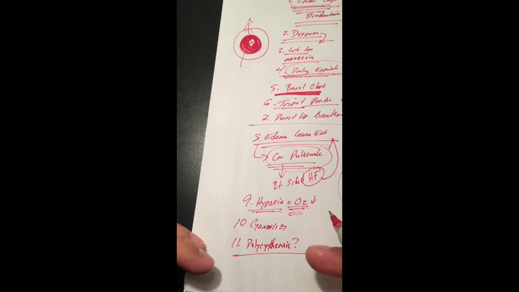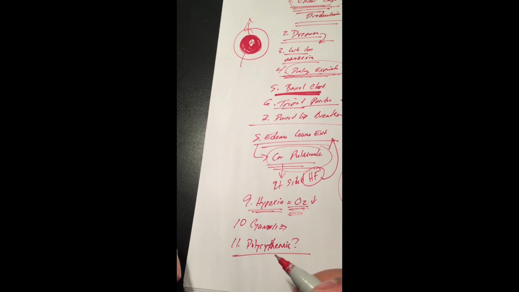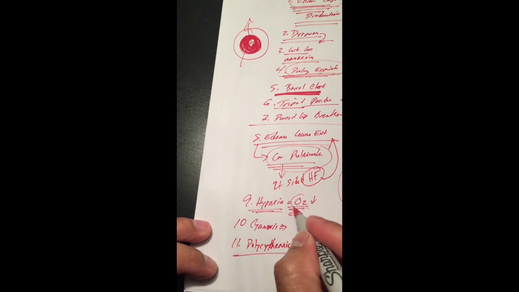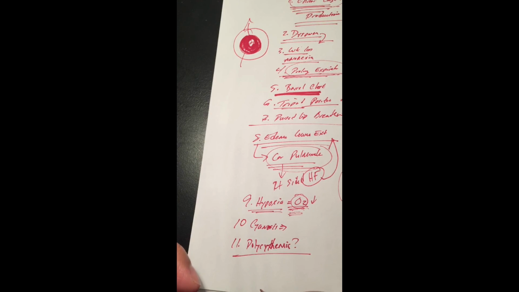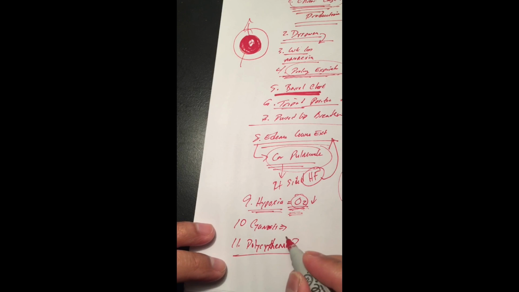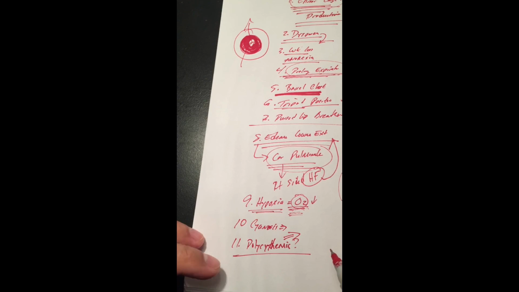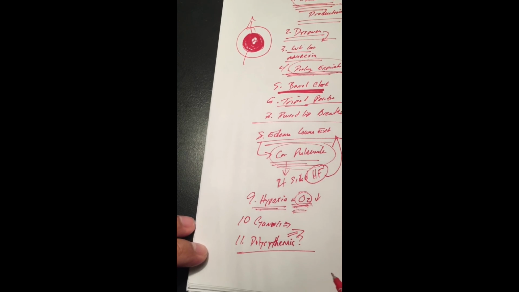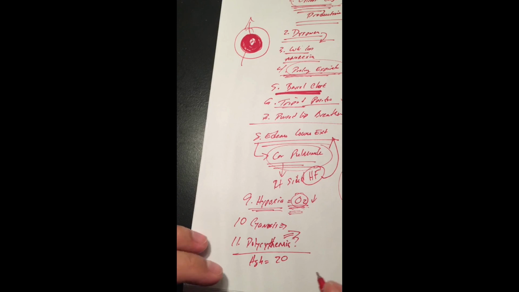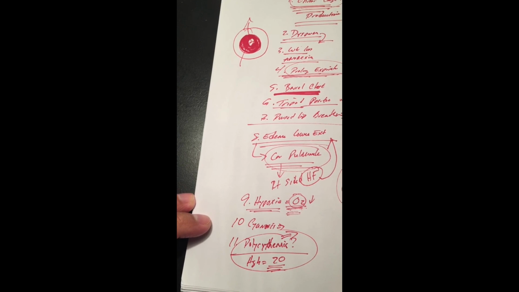Is it our red blood cells? Do we need to make more red blood cells? If we make more red blood cells, that'll increase our oxygen amount. So your body begins to make more red blood cells, otherwise known as polycythemia. So if you were to get a lab or a hemoglobin, you'd find that they have very, very large red blood cell numbers, about 20 or greater. Okay, so you end up with polycythemia.